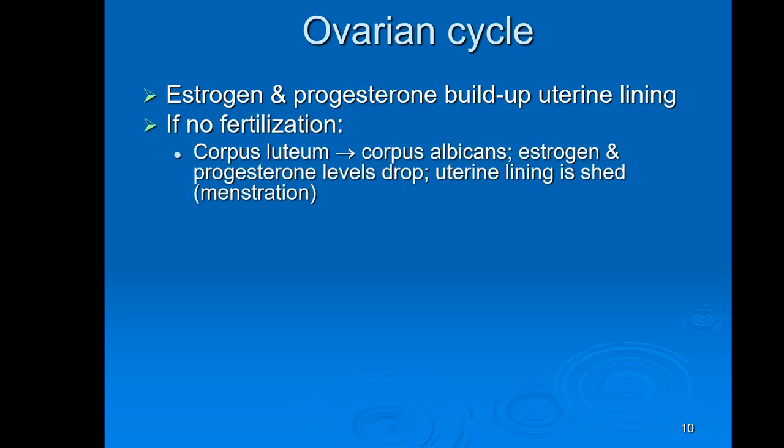In cases where no fertilization takes place, if there was no sperm to fertilize the oocyte, the corpus luteum is going to break down into the corpus albicans. Then there's not going to be as much estrogen and progesterone, and progesterone is really important for the uterine lining. So if the corpus luteum breaks down and you don't have that progesterone level up, the lining of the uterus is going to come off, and that's what's known as menstruation.